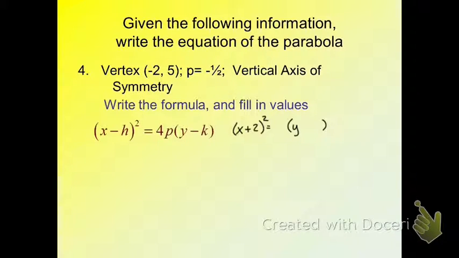What needs to go with the y? -5. And then I take the p value and I multiply it by 4, which, what is 4 times -1/2? What is half of 4? -2. Thank you. So that's the equation.